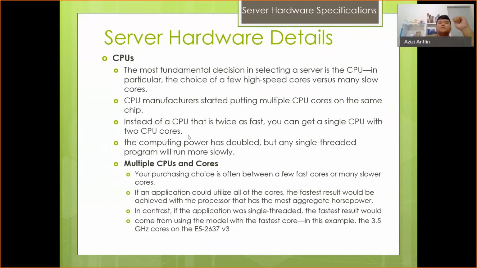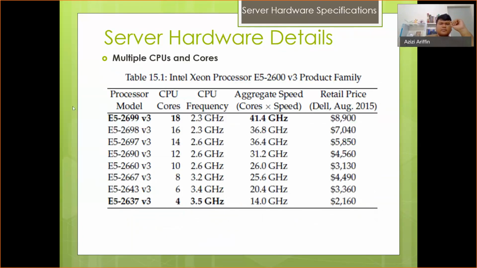Usually server CPUs are multi-core CPUs, and multi-core CPUs have many caches, so they support L1 caches, L2 caches, and also L3 caches, right? So this is an example of different CPUs for the server line, Intel Xeon.